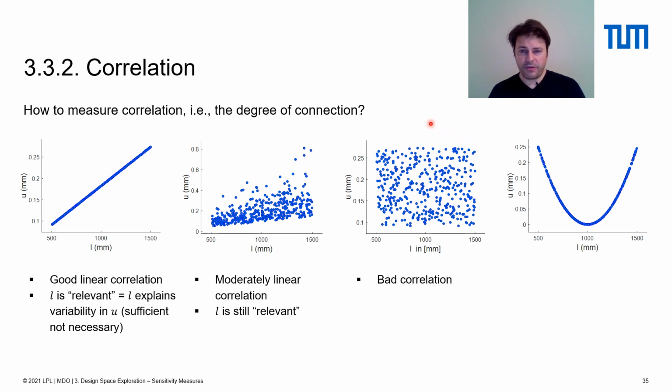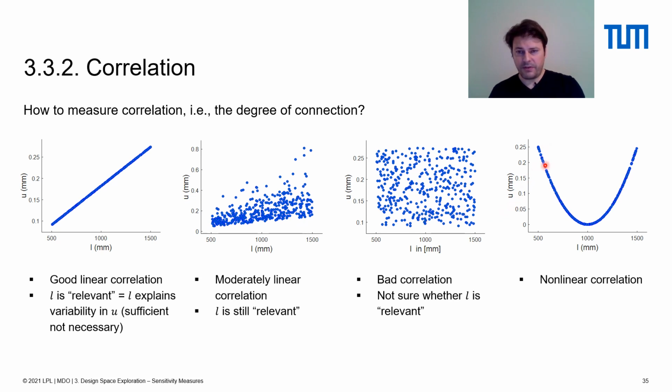as opposed to the third example where you can clearly say there is a bad or no correlation. So changing L does not seem to have an effect on U. And in this case, you cannot conclude whether L is relevant or irrelevant, because there are cases when you see something like this, but L is still very relevant.